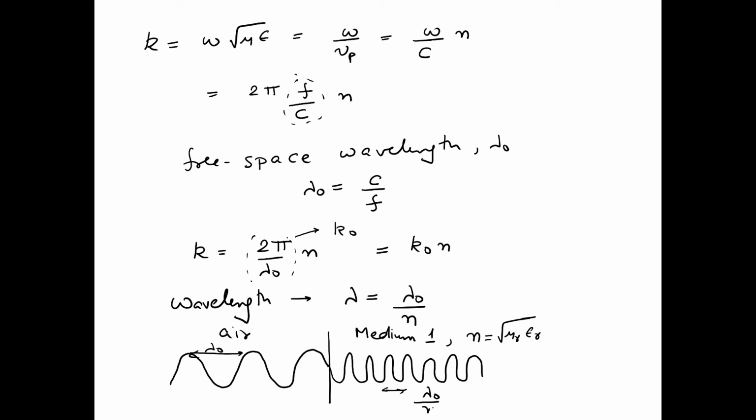The same ratio with which the velocity reduces inside. The velocity of the wave outside is c. The velocity of the wave inside is c by n. The ratio with which the velocity decreases is the same ratio with which the wavelength will get compressed within that medium. Let me show you a quick demo of why this is happening to help you understand this better.